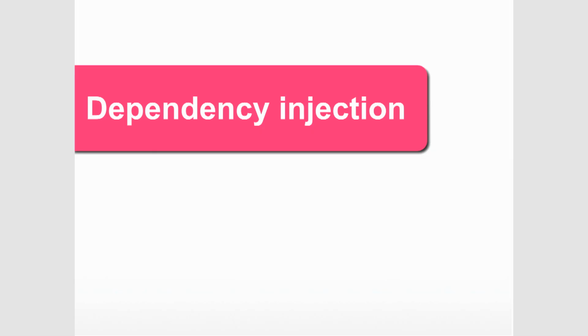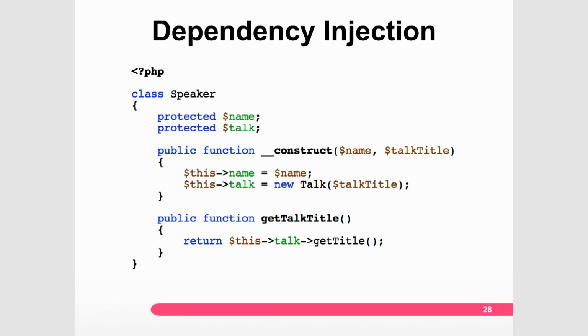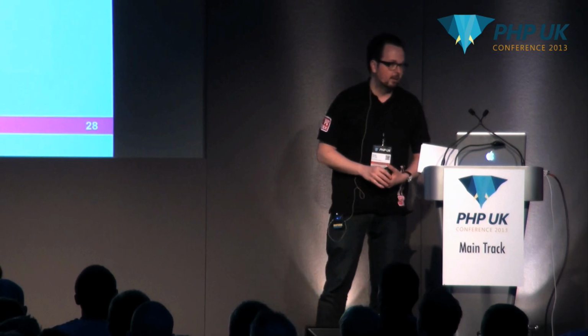So if, for example, I have code like this, and I'm creating a tag in my constructor, this is a really weird example as it is, because I'm passing like my speaker's name and my tag title to the same object, so I don't know what kind of object this is. But the problem here is the new keyword, right? As soon as you see a new keyword, you know one thing, and that's those objects are tightly coupled. We can never have a speaker now without that exact tag object. And we don't want that.